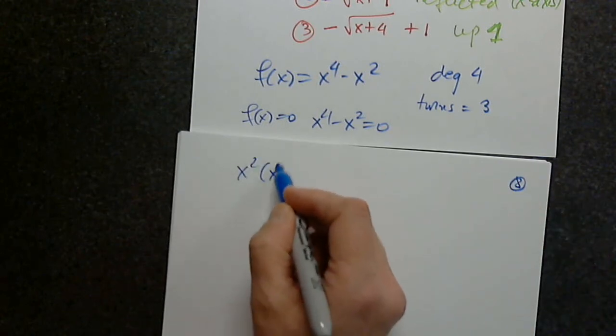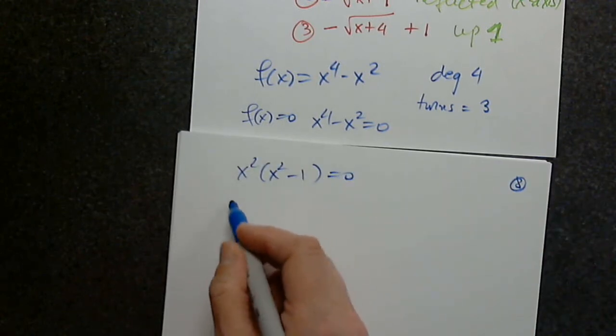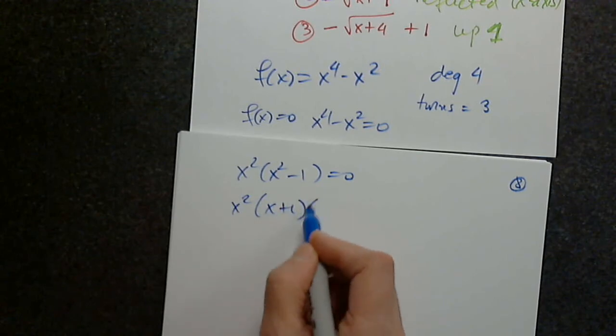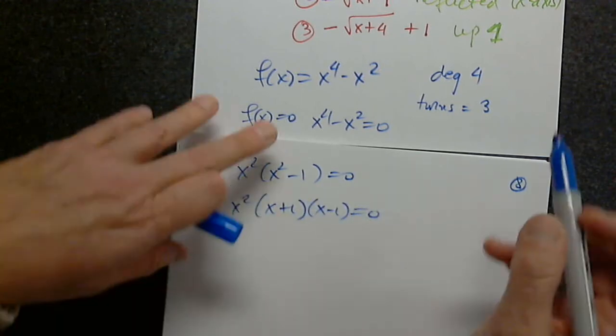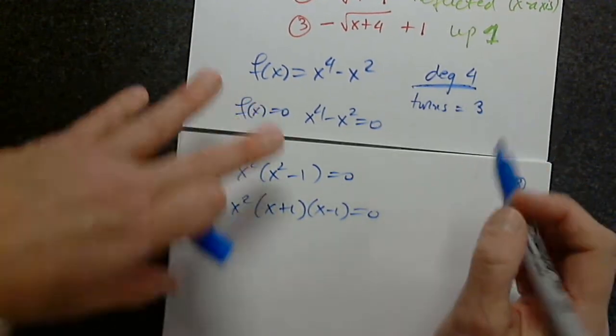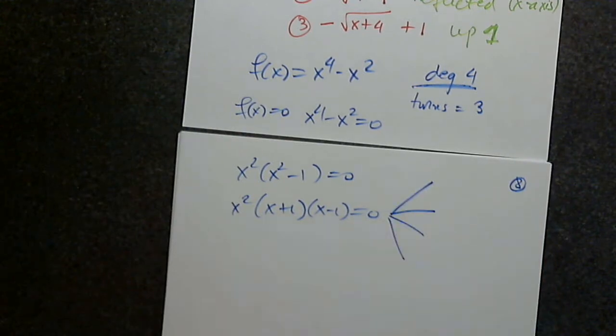So x squared times x minus 1, x plus 1, x minus 1. So I have to have 4 solutions. And that's how I know the multiplicities right away.